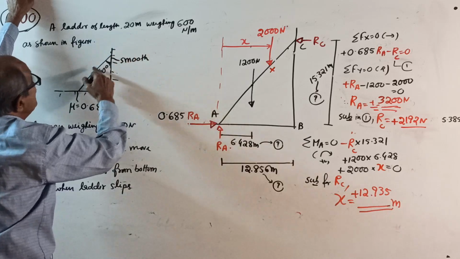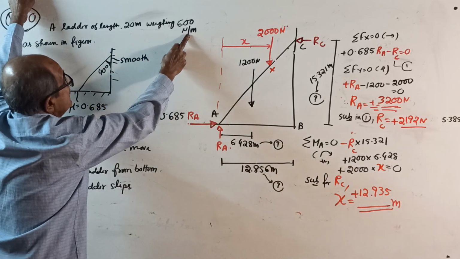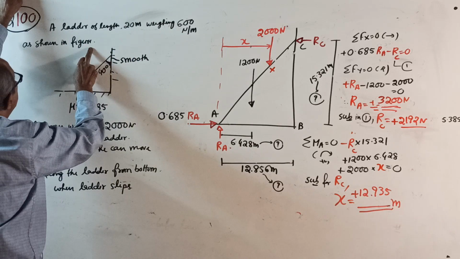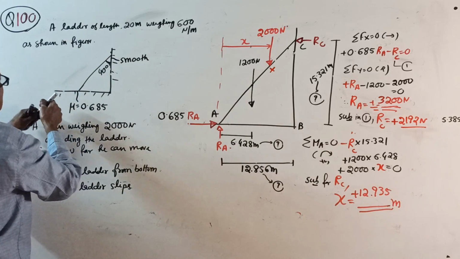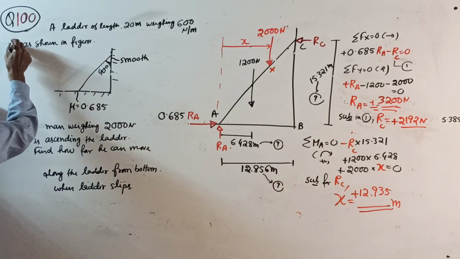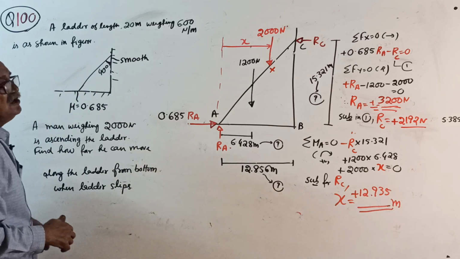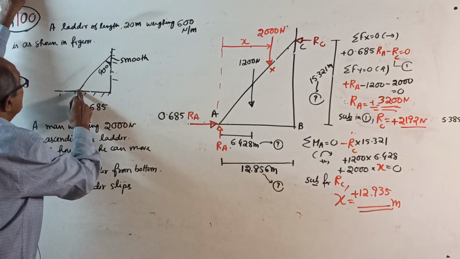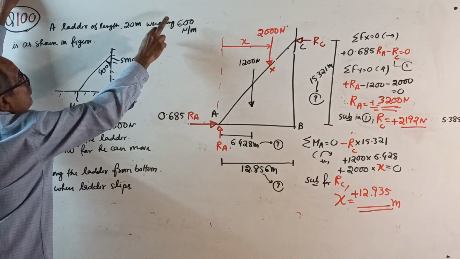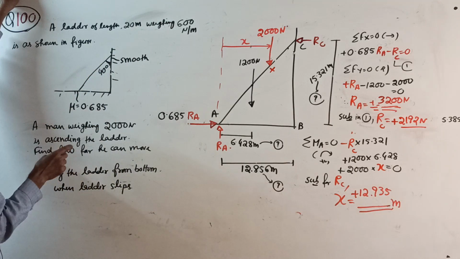A ladder, now I got bored of writing statement all. Ladder of length 20 meter, weighing 600 Newton per meter, as shown in figure. Or if you want very much by words, you write a ladder of length 20 meter weighs 600 Newton per meter.